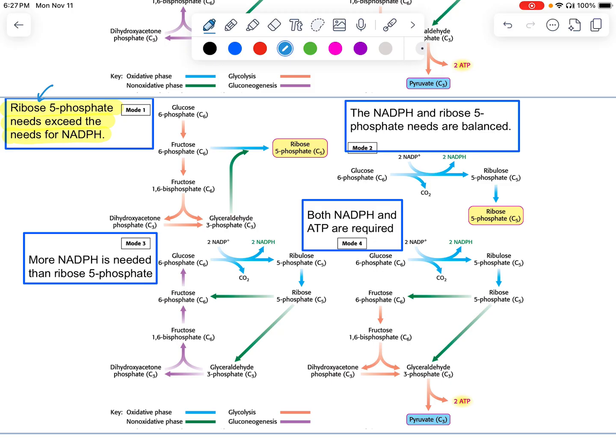So we see that right here with the orange arrows. And from that, we get down to this glyceraldehyde 3-phosphate. Remember, we saw that in our non-oxidative phase. We get down to these various molecules, and those enzymes, there's a lot of different enzymes in the non-oxidative pathway.